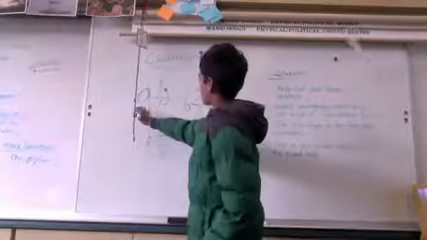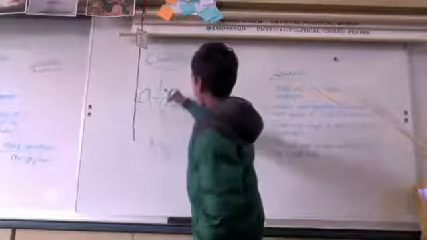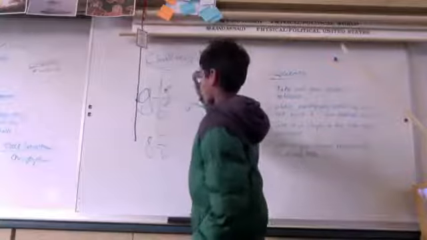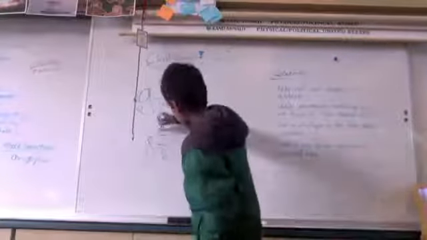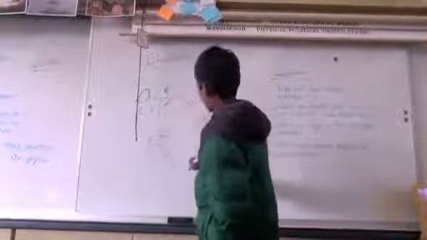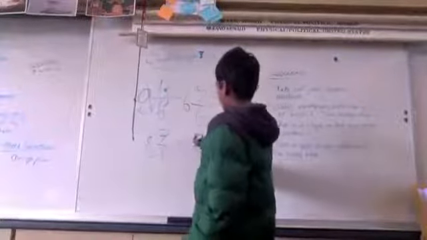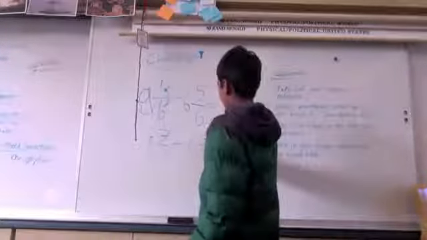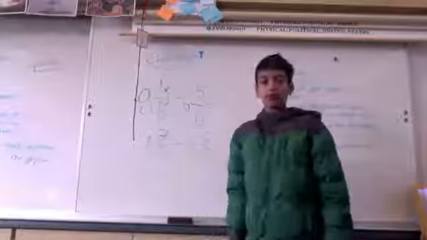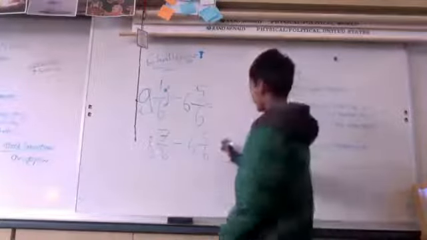So you do minus 1 here, this plus that over here. So it's 8 and 7/6 minus 6 and 5/6. Can we do that? Yes, we can.